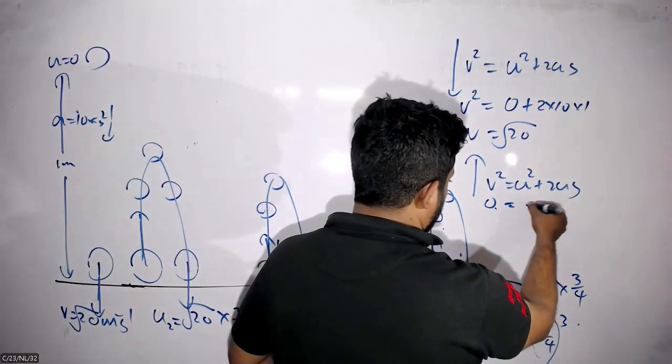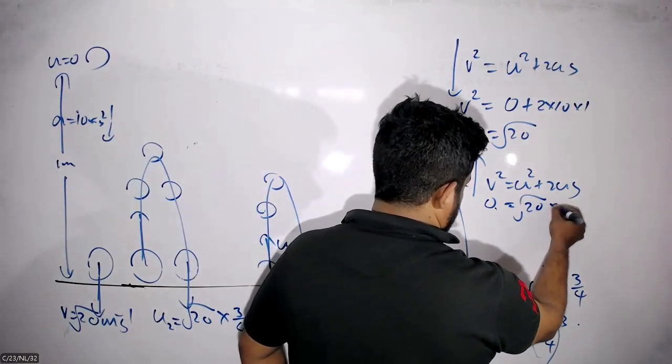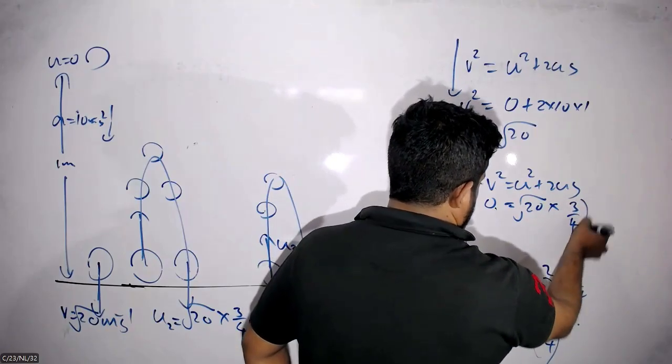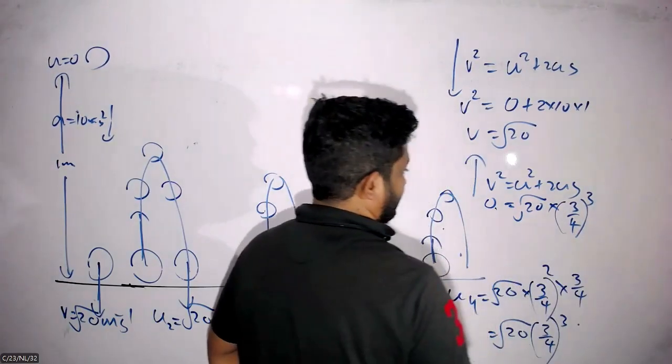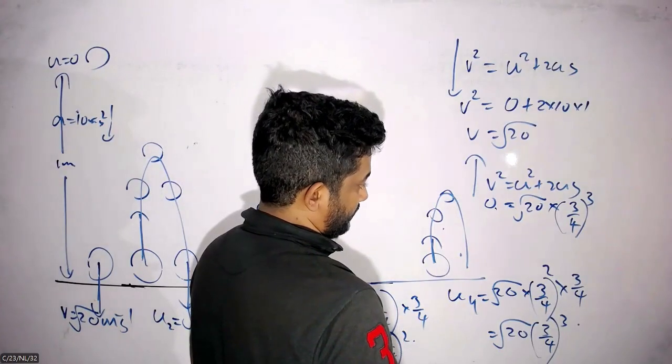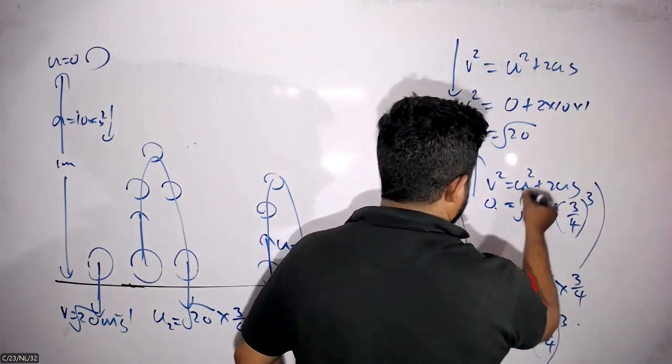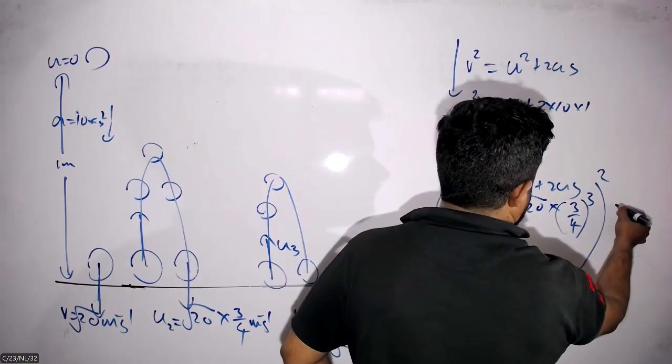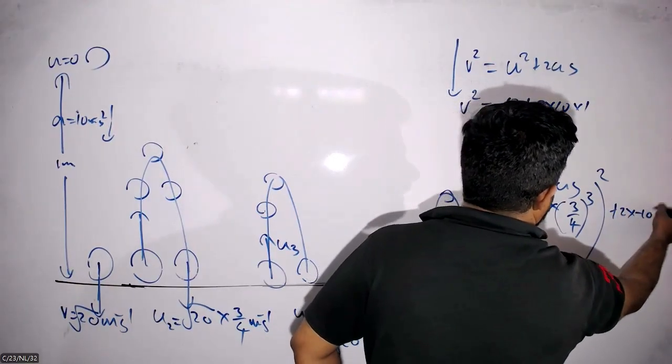Now we know the initial velocity. It is equal to root 20 times 3/4 to the power 3, squared, plus 2 into minus 10 into s.